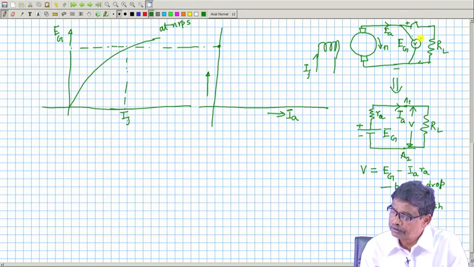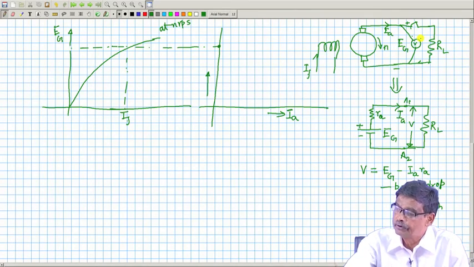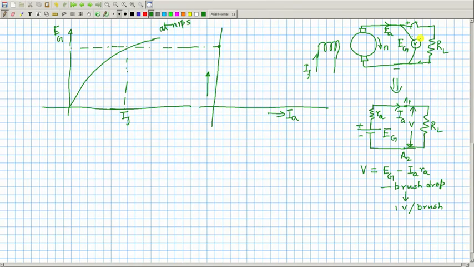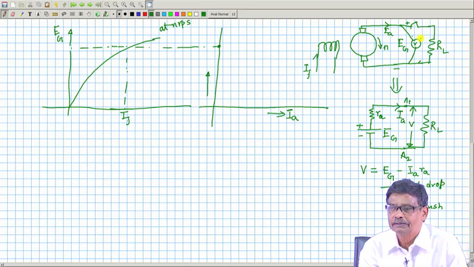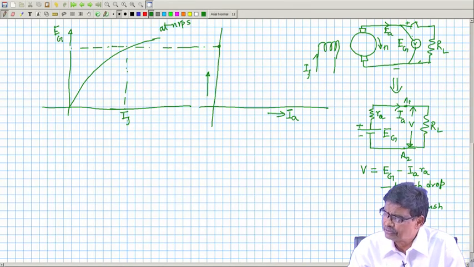Instead, what people try to find out is the voltage drop per brush. Larger current, smaller resistance. Therefore, the voltage drop across the brush, which is the resistance of the brush into armature current, will perhaps remain fixed. That is the idea. So, some brush drop is taken.